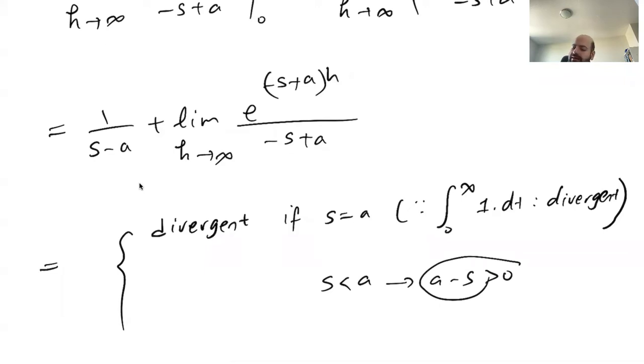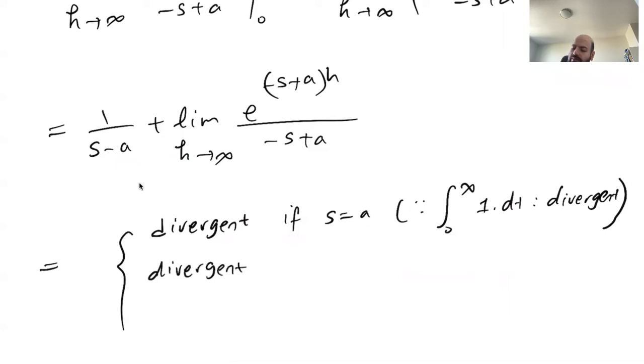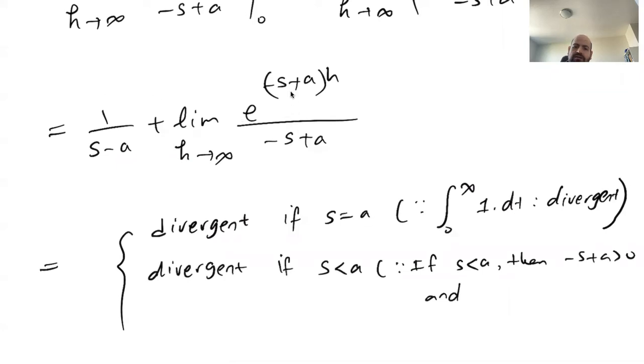So divergence happens if s is less than a, because then minus s plus a will be positive, and here I will have e to the power positive times infinity, which is e to the power infinity, and that is infinity.